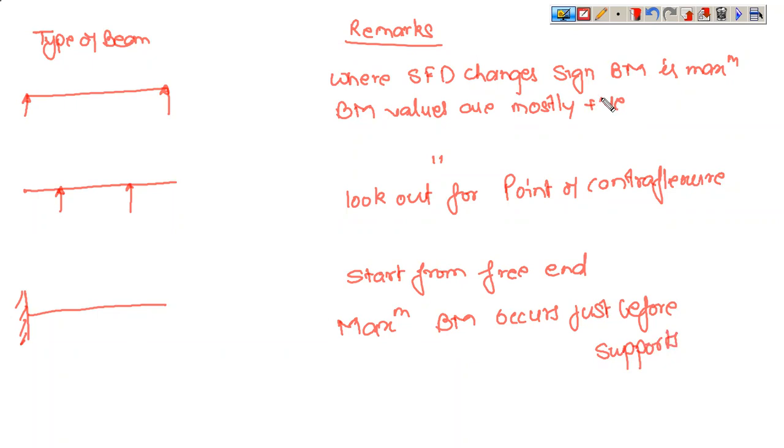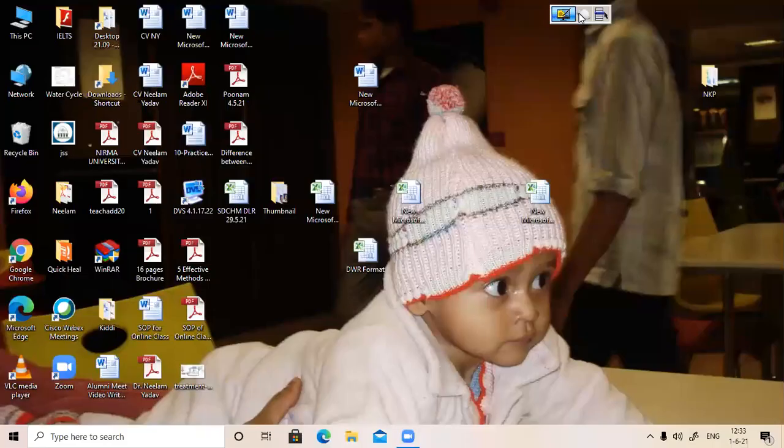So maximum bending moment will always occur just before supports. And all BM values will be negative. So this is the summary sheet of all shear force and bending moment diagrams.